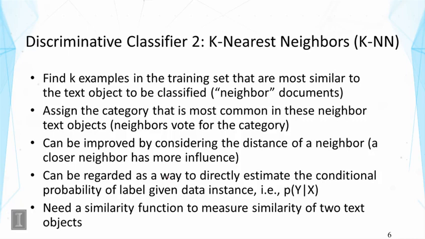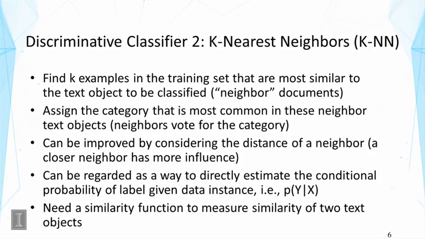Now I'm going to explain this intuition in a moment, but before we proceed, let me emphasize that we do need a similarity function here in order for this to work. Right? Note that in the naive Bayes classifier, we did not need a similarity function. And in logistic regression, we did not talk about a similarity function either. But here, we explicitly require a similarity function. Now, this similarity function actually is a good opportunity for us to inject any of our insights about the features.